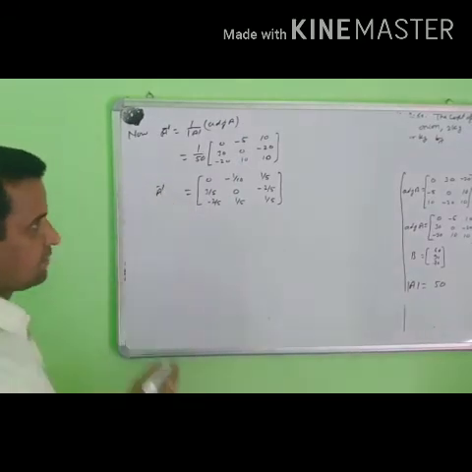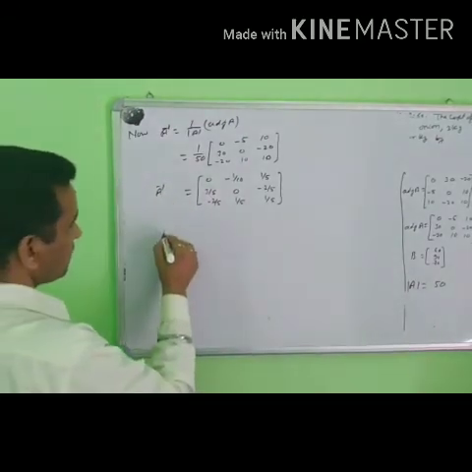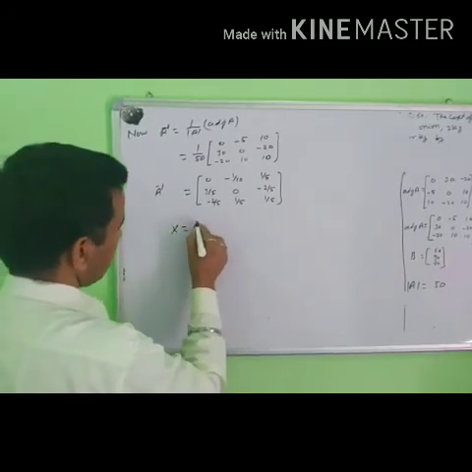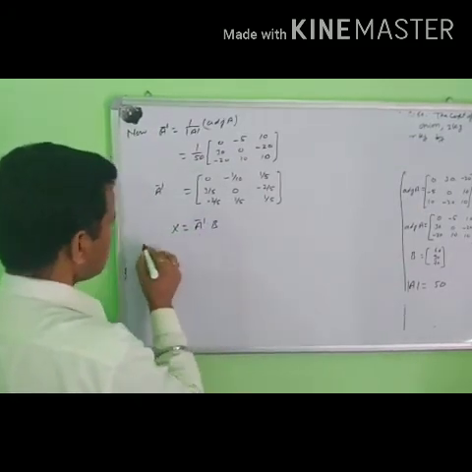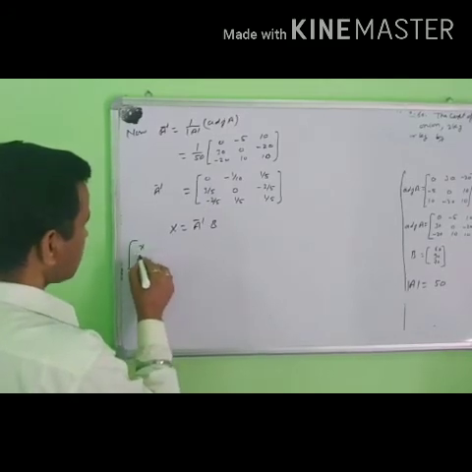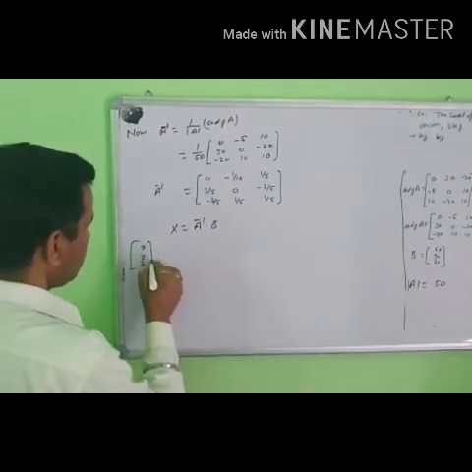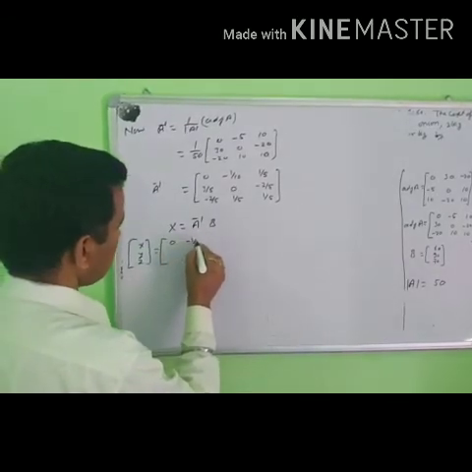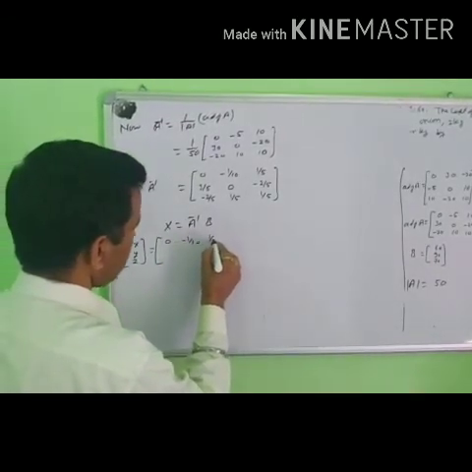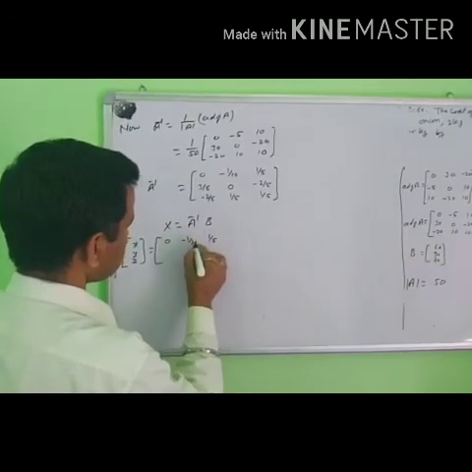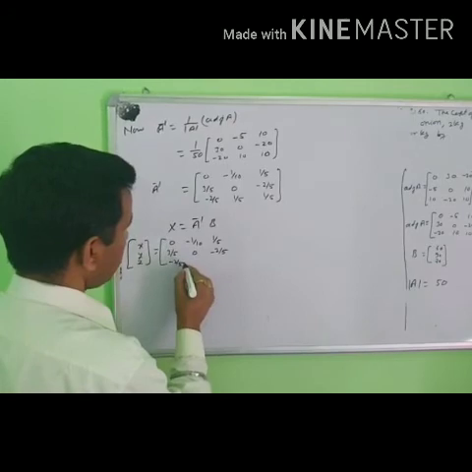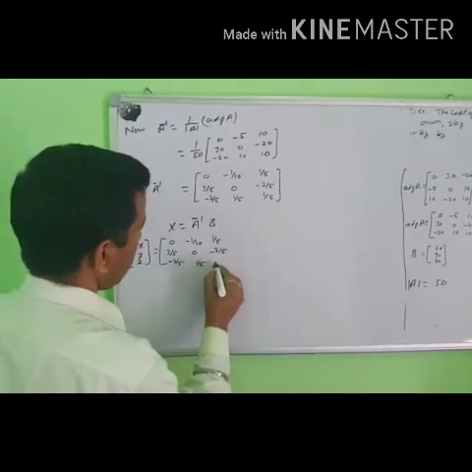After that, we will find x. X equals A inverse B. According to this, x, y, z is the matrix, and A inverse is 0, minus 1 by 10, 1 by 5; 3 by 5, 0, minus 2 by 5; and 1 by 5, 1 by 5.